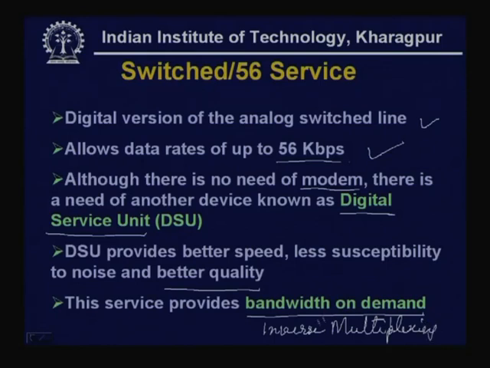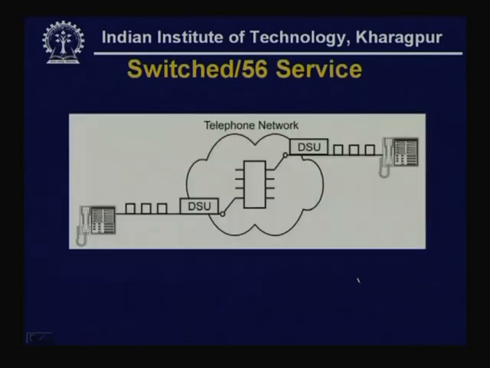Here the switch 56 service is shown. It is the same except that instead of a modem you have a DSU, digital service unit, at both ends, and it is connected through a switch at the telephone exchange.